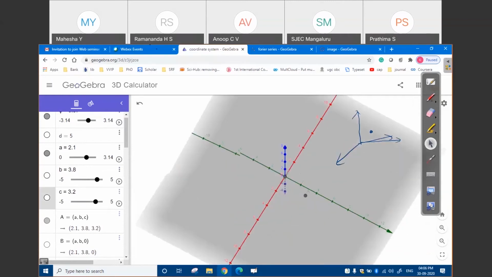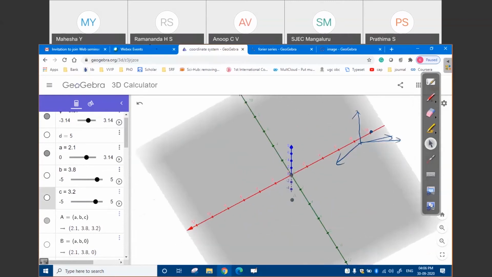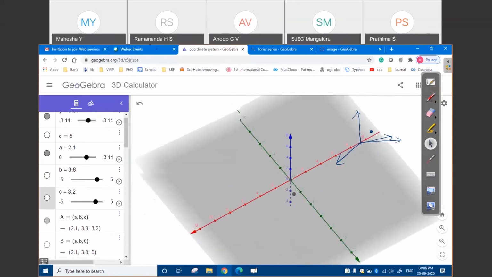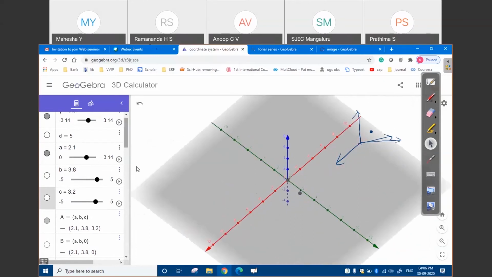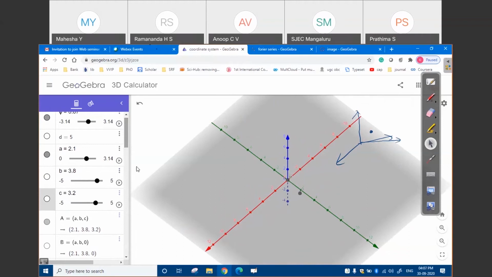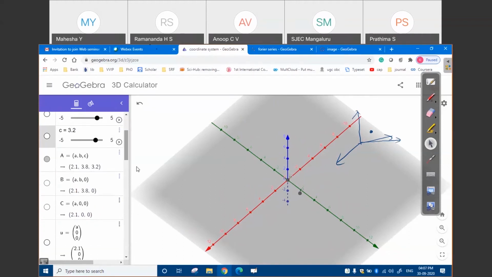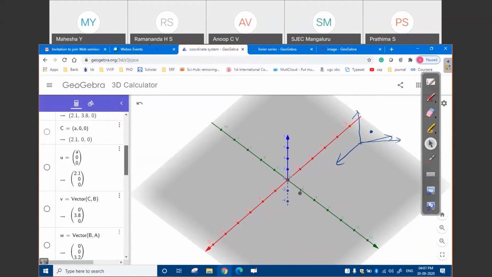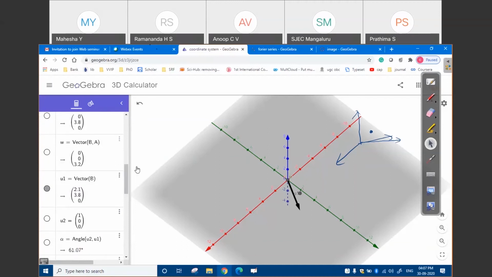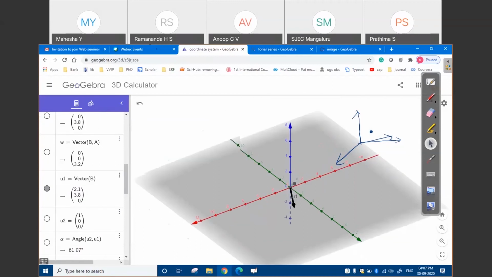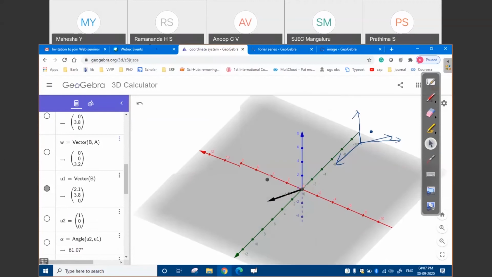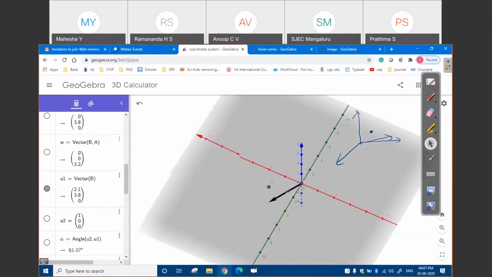Now A is in the first quadrant. So how to reach the point A? I can reach the point A by moving just below A directly, but I need 2 parameters here.